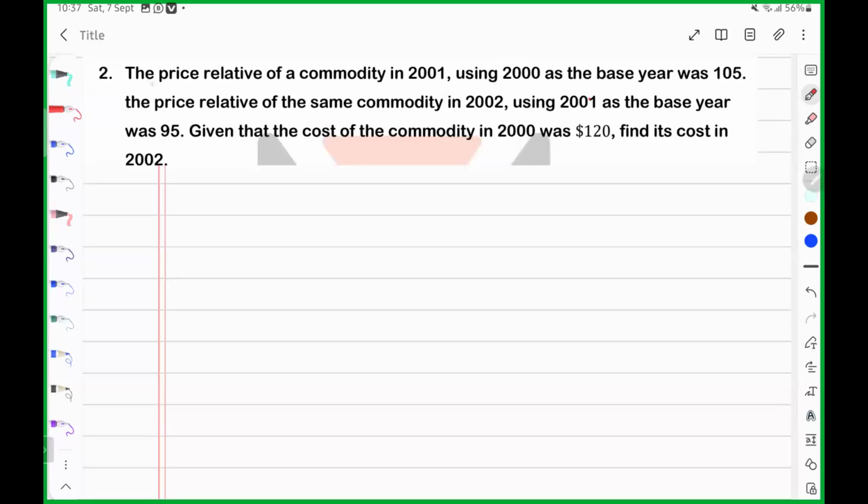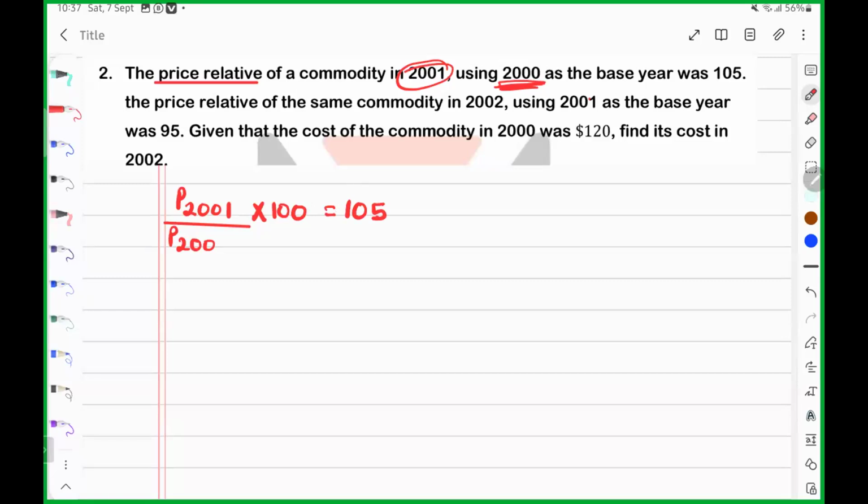Yes, so we are dealing with price relatives, and we must know the formula for price relatives. It tells us the price relative of that commodity in 2001 using 2000 as the base year. So if 2000 is the base year, we can write our expression as price of the commodity in 2001 out of price of the commodity in 2000 times 100, which is our formula for price relative. They have told us that price relative was 105.